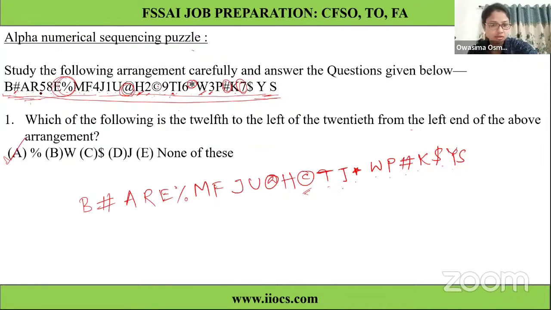So which of the four are alike? Here we can see that A and R are alike. 5, 8 alike, both are numbers. M F alike.